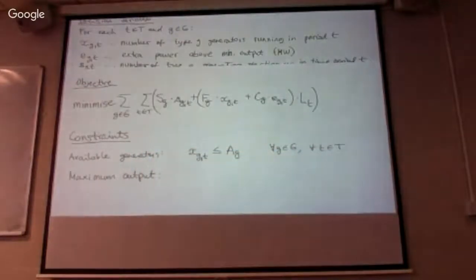You did want that one. That constraint. Sorry, why is there no minimum output? Because of the way we set it up.